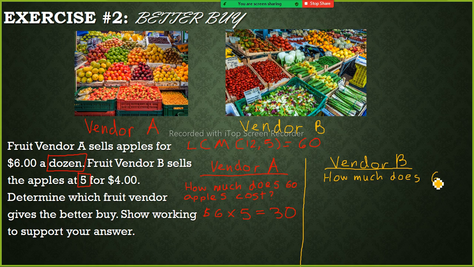Okay, so Jasmine, let me help you to understand. We're trying to figure out how much does 60 apples cost at vendor B. And we know that if we have $4, Jasmine, how many apples are we gonna get for $4 for vendor B? 5 apples.